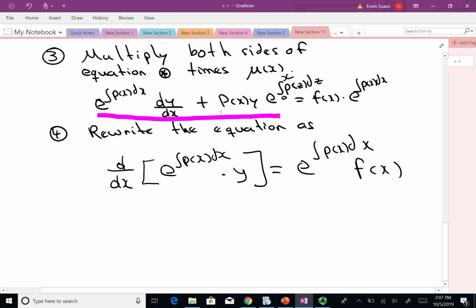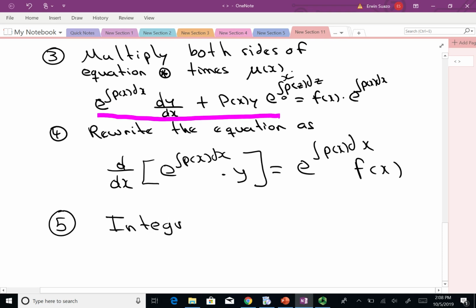So finally, step 5. What is cool on step 5? You just integrate. Sorry, sometimes I write really fast. Let me write better.